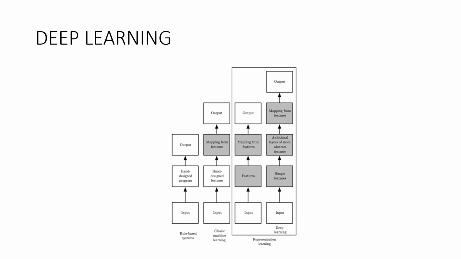Whereas if you look at the far right with deep learning, you put in the original raw input. It extracts simple features in the first hidden layer, then additional hidden layers get more abstract features. And then finally, you can map those features to generate outputs. It gives you better results than you have with classic machine learning.